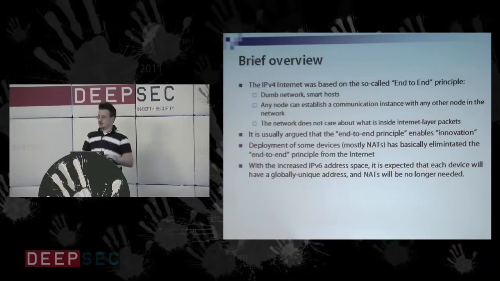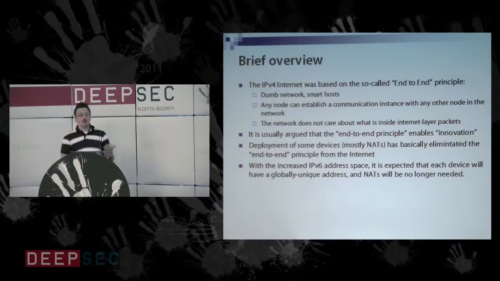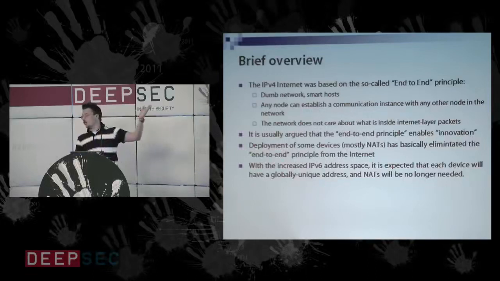However, since quite a few years ago, that principle has been removed from the internet, for the most part as a result of the deployment of NATs, network address translators, which basically violate all of these principles. For example, a NAT by default usually doesn't allow incoming connections to your local network.